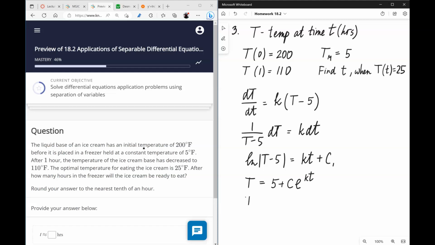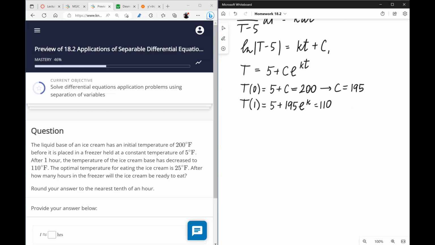Now I'm going to use the fact that T of 0 is equal to 200. That means c is equal to 195. Now c is equal to 195. We can use the fact that T of 1 is equal to, on one hand, 5 plus 195 e to the power k, and on the other hand, it's equal to 110.